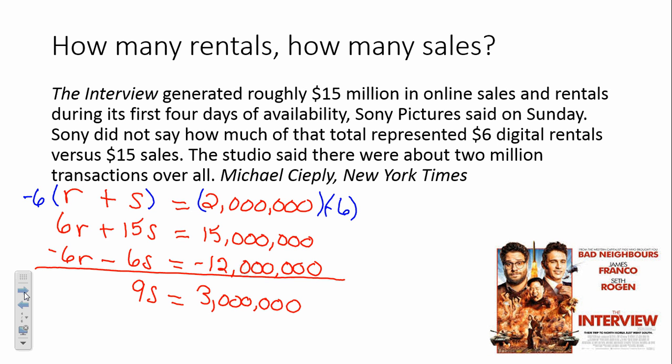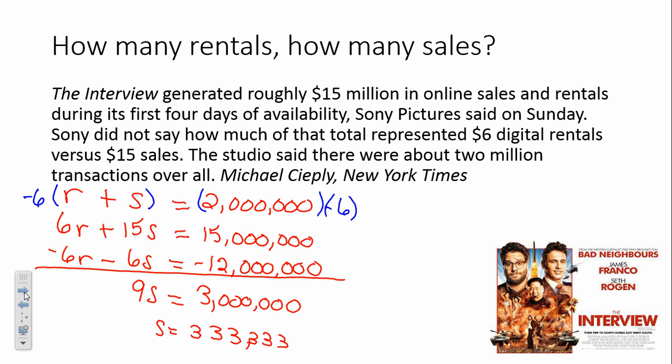Dividing by 9, how many do we get? 9 goes into 30 three times, so 27, 3 times again, right? We get roughly 333,333. That's our number of sales.